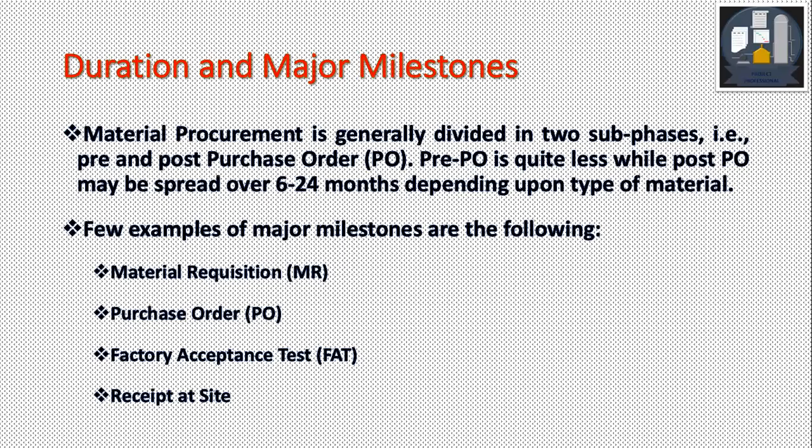Duration and major milestones. Material procurement is generally divided into sub-phases: pre and post purchase order. Pre-PO is quite short in duration, while post-PO may be spread over a longer duration, say 6 months to 24 months.